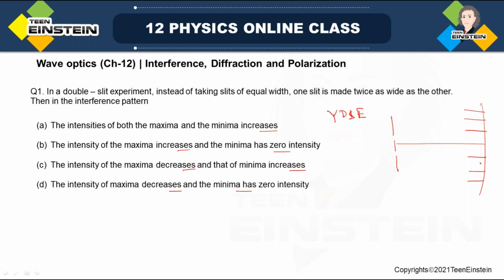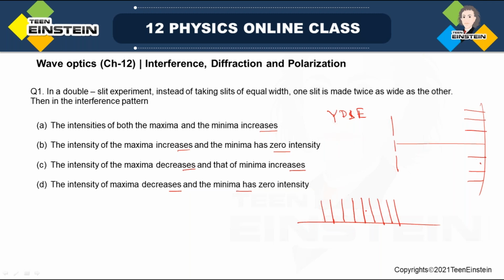These are the minima and these are the maxima. This is the central maxima, then there will be minima like this. The intensity will be the same on either side.